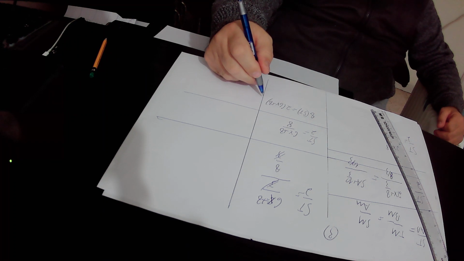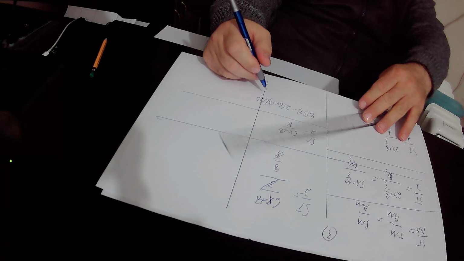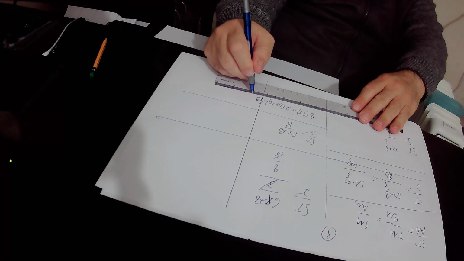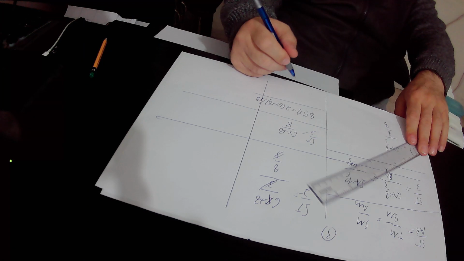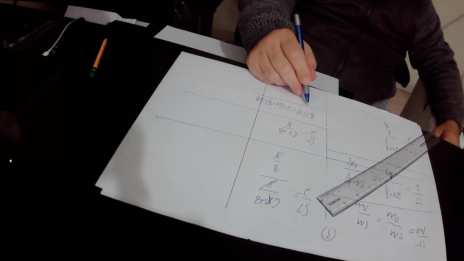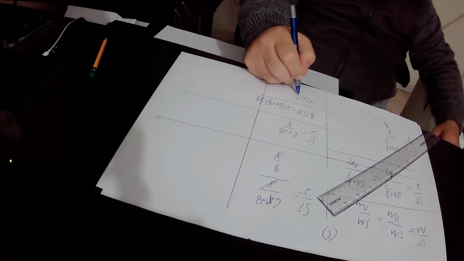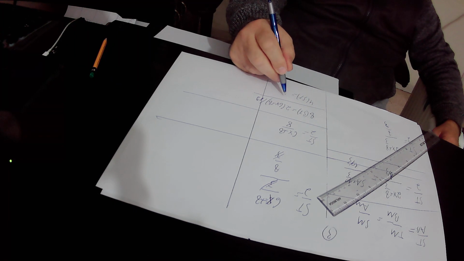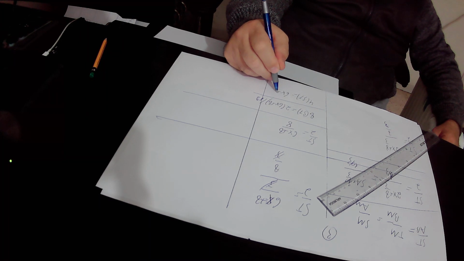Here we divide this equation by 2 and we get that 8 over 2 is 4, so in total this expression equals 4 times ST. 2 over 2 is 1, so on the other side of the equation we are left only with 6x plus 8.